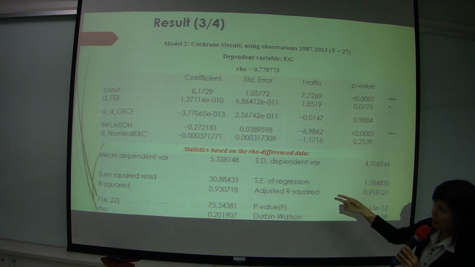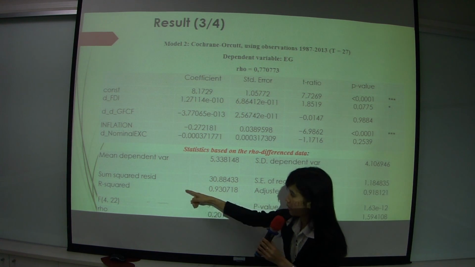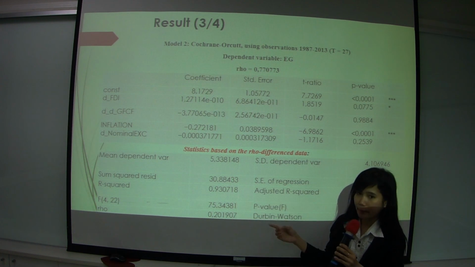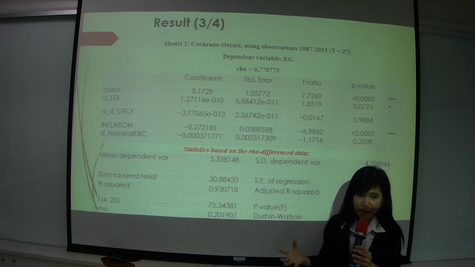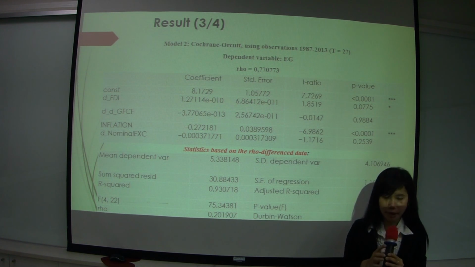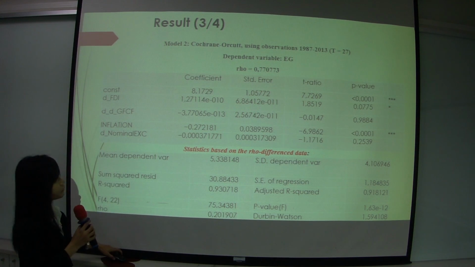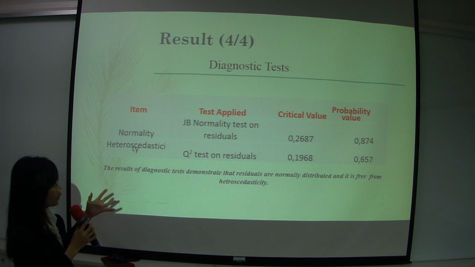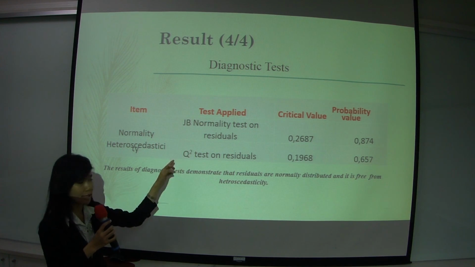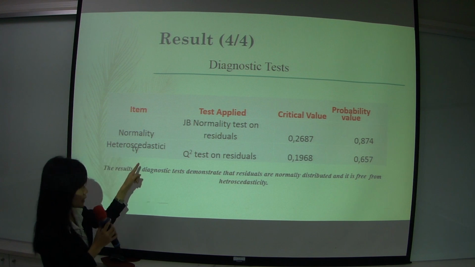Based on the statistics, we can see the R square here is 0.93. It means that 93% of the variance in the dependent variable is due to the independent variables. For the diagnostic test, I use the JB normality test on residuals and chi-square test on residuals to check the normality and heteroscedasticity.